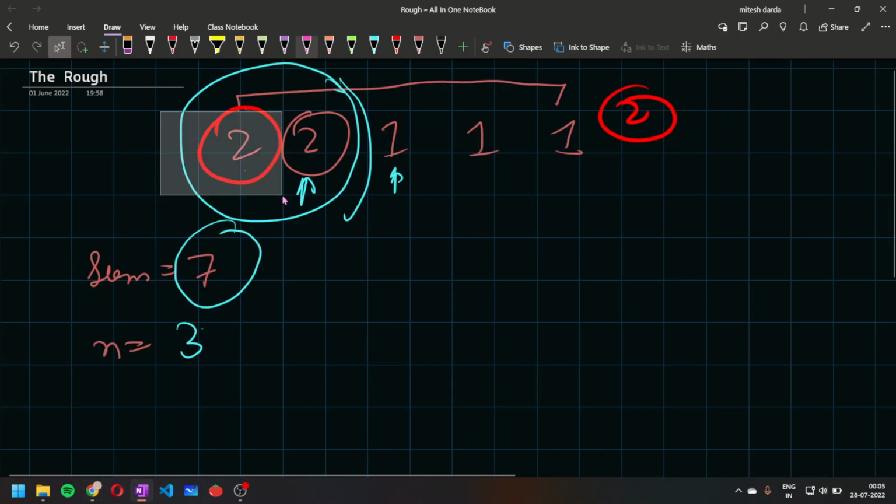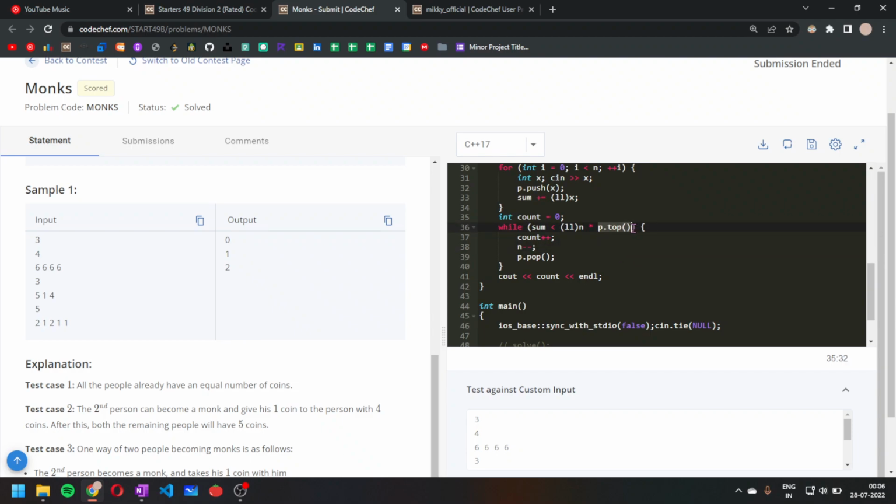Here p dot top is the person having the maximum coins. We check this inequality, and until the sum is greater than or equal to n times p dot top, we are going to increase our count. We pop one person and decrease the count of persons. At the end we just print out the count.